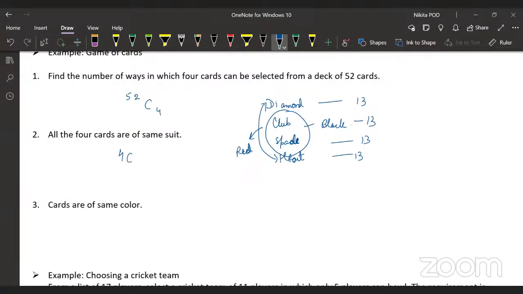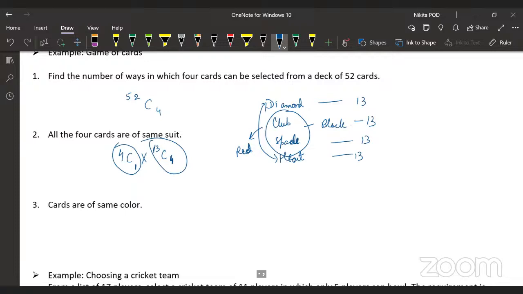First you need to select the suit, one suit, so that will be 4 choose 1. And then once you have selected a particular suit, after selecting the suit, you need to select 4 cards out of that, 13C4.